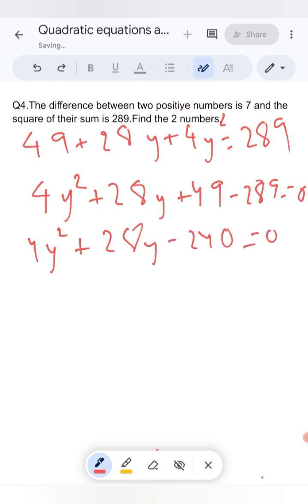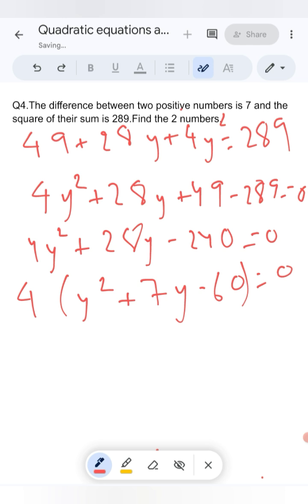As these numbers are big, I'll try to take out the common first. So 4, taking as my common, y square, 4 7s are 28, right? For 7s that is 28y, and for 6 that is 240, for 0s that is 0. Now this 4 is going to be ignored because when it goes to the other side of the equation, this means 4 is being multiplied with the y square.